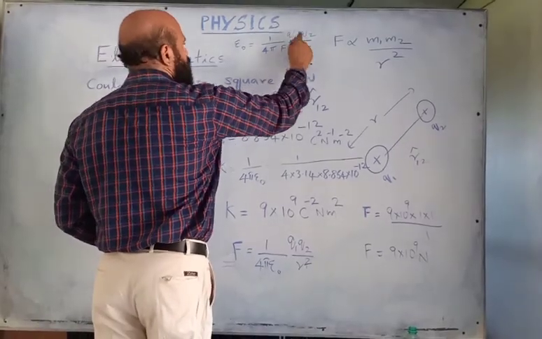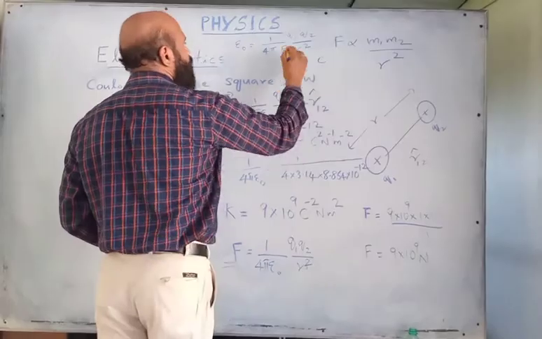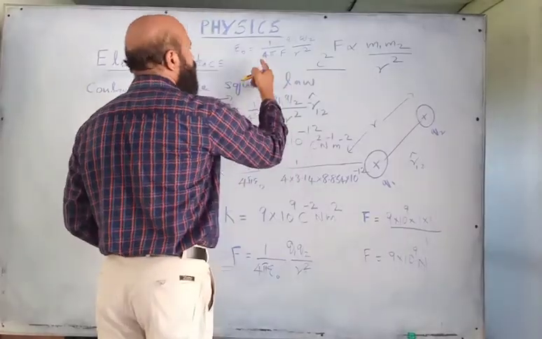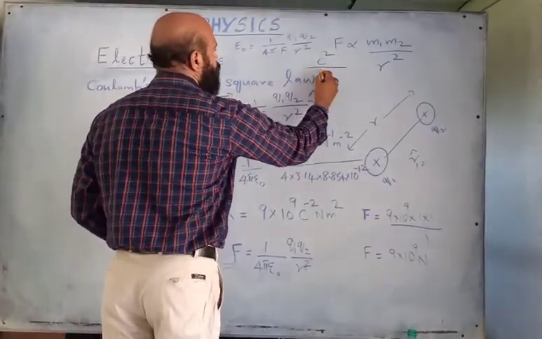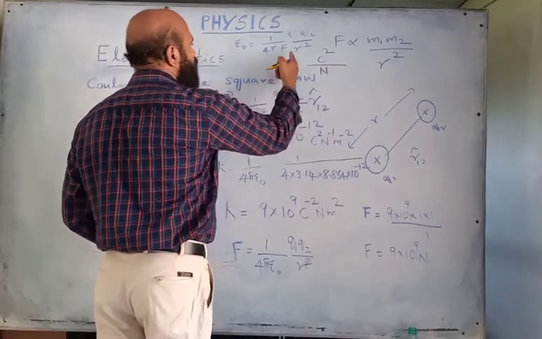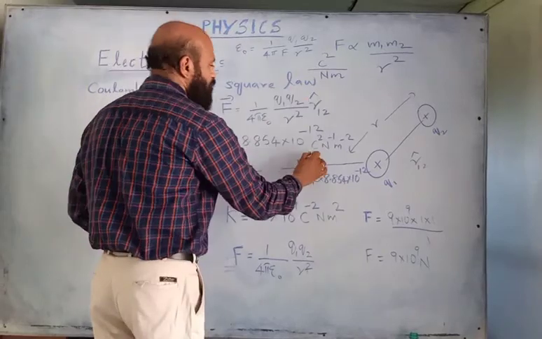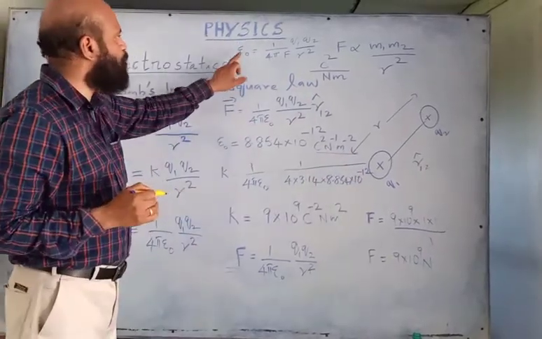The unit for charge is coulomb, so it's coulomb square, divided by force unit Newton, and distance unit meter. So we can get this unit from this expression.